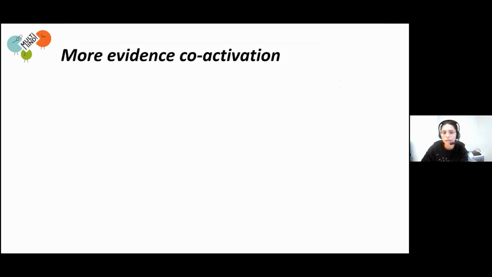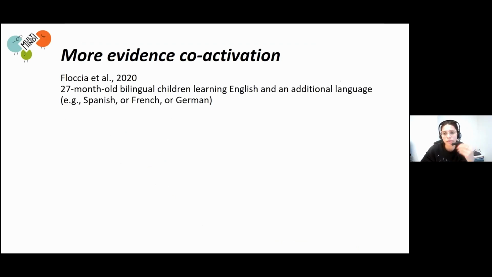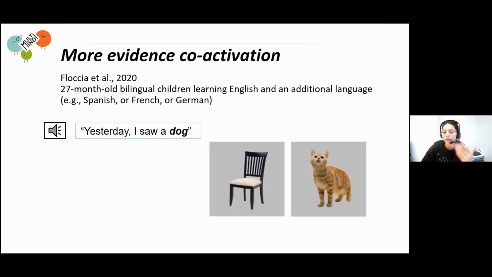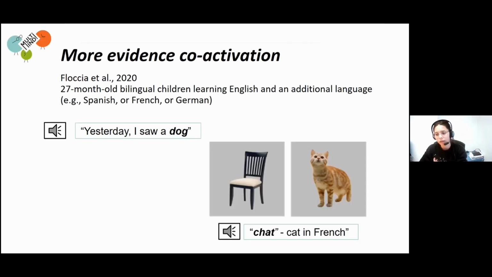For example, in this study from Floccia and collaborators from 2020, the authors presented 27-month-old bilingual children learning English and an additional language with a similar priming task, where the children first heard a sentence such as, "Yesterday I saw a dog," and then the children saw two pictures, and the target was named in the other language, for example, chat, which is cat in French.